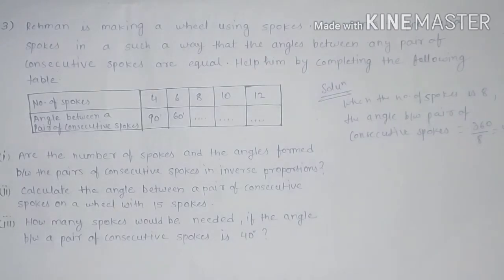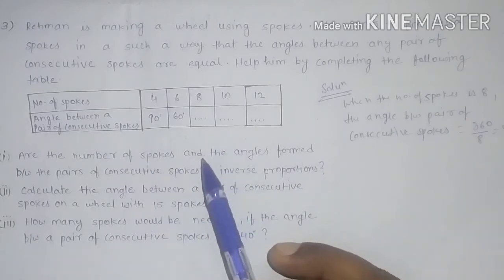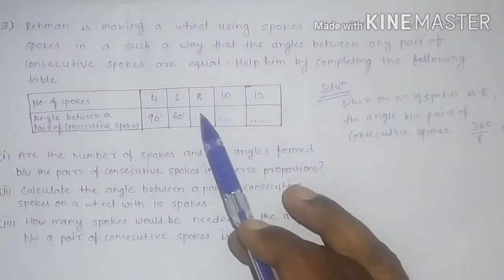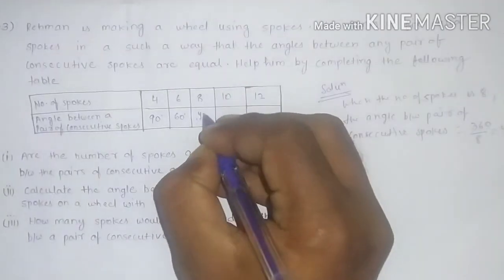So simply just divide it. The total is 360 and it is divided by 8, so we will get the angle between the pairs, which will be 45.